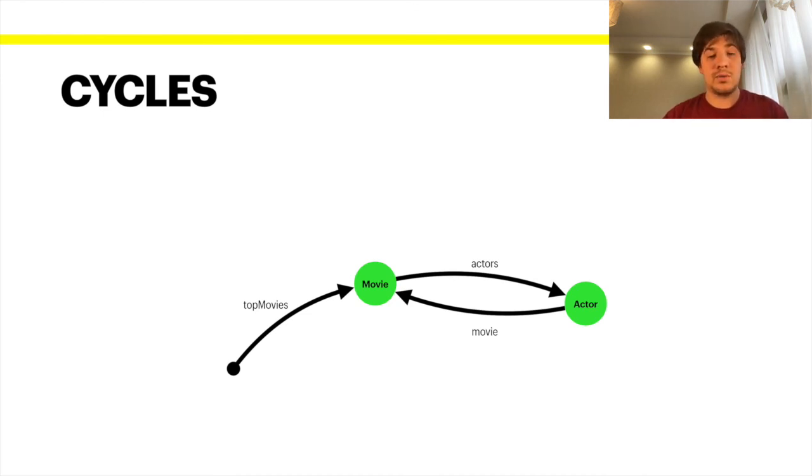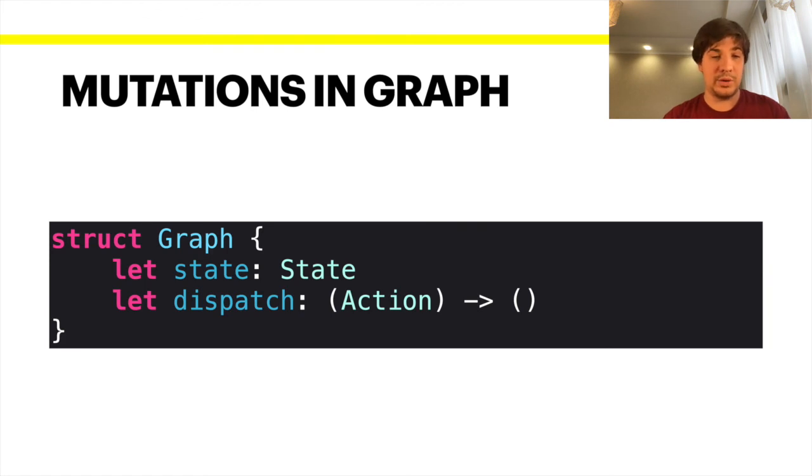Also, a graph may be useful if you decide to add some mutations to it. How can it be done? First of all, our graph can have a dispatch function. The dispatch function will receive any action and just return nothing, because all changes to our system are unidirectional and we don't know which change it will cause.